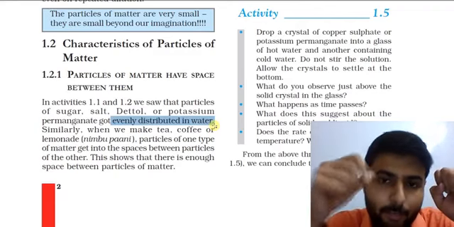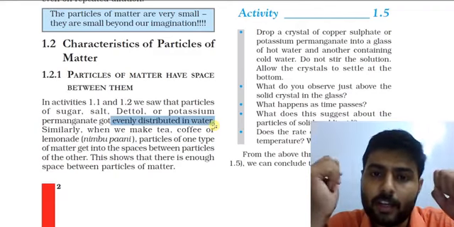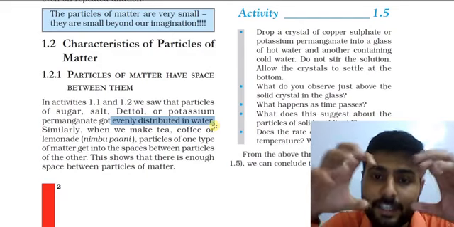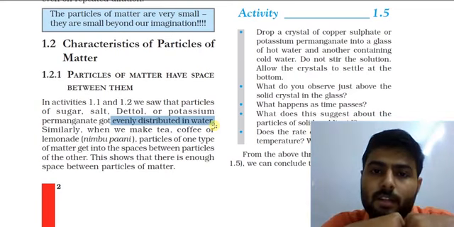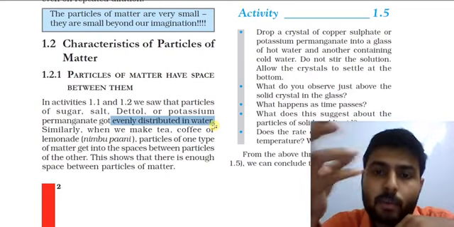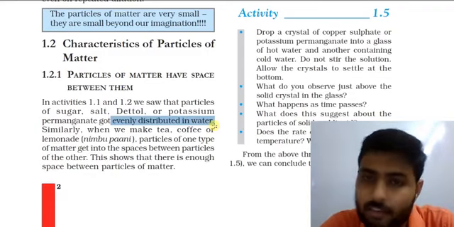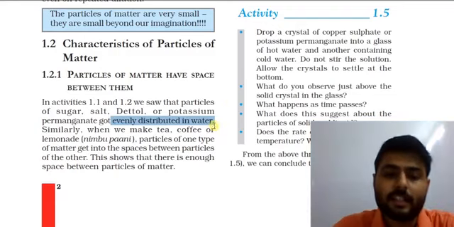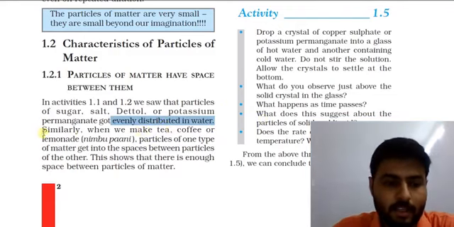If we stir it properly until the whole sugar dissolves into water, the sweetness of the water will be the same everywhere. It will not be possible that the upper part of the water is more sweet and the lower part is less sweet. That will not happen, which means that they are distributed evenly in water.